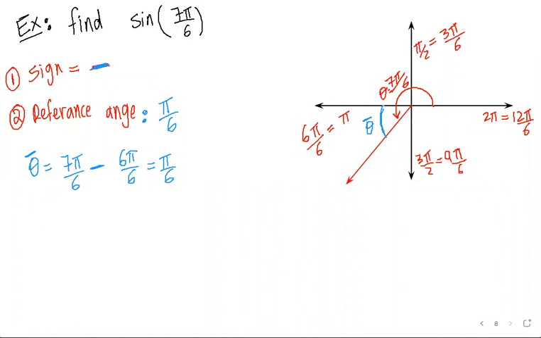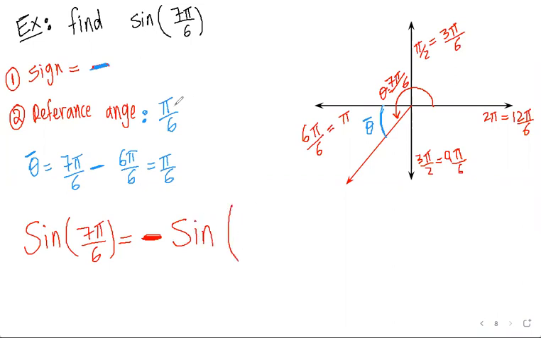The sine of 7 pi over 6 is equal to negative sine of the reference angle, pi over 6. Now this is from the previous section. What is the sine of pi over 6?